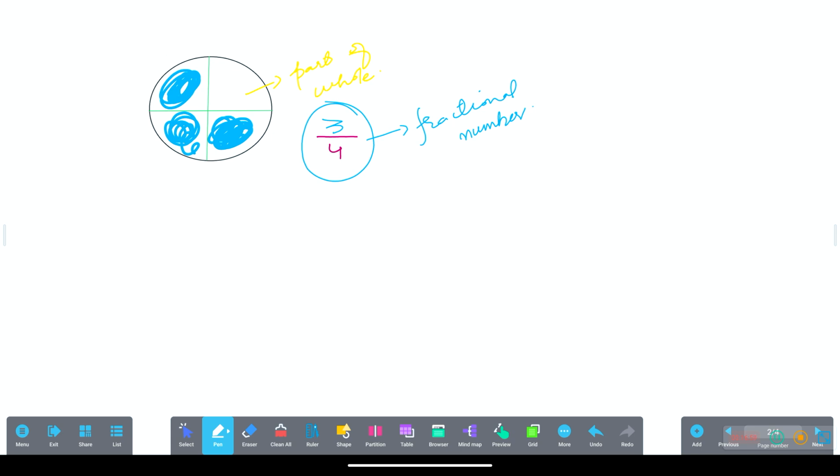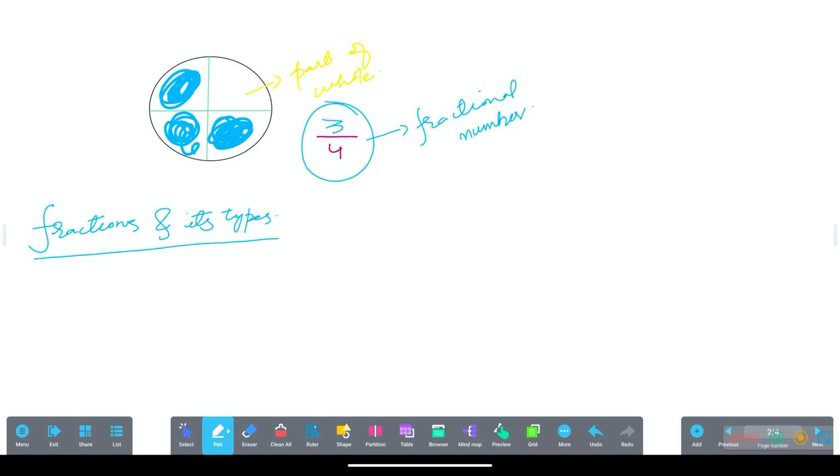Now we are coming to the first topic of this chapter, that is fractions and its types. I am writing here: first topic, fractions and its types. So first we should know what a fraction is. Based on the above 2 examples, you should be able to define it yourself.